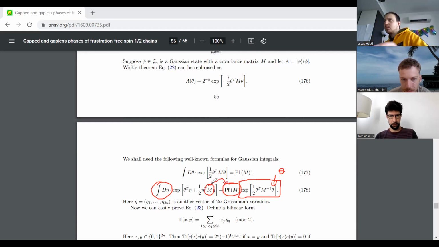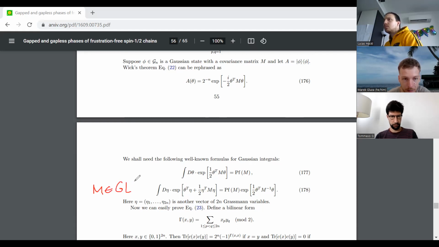It's a little bit like completing the square. And when you want to complete the square properly, then you get this M inverse, and that's important because we then assume that M is at least in GL of 2n. So this invertibility is quite crucial for those formulas, and this will be useful throughout.